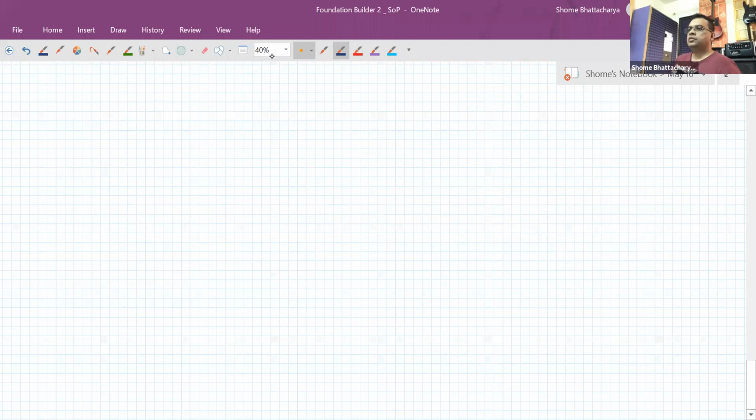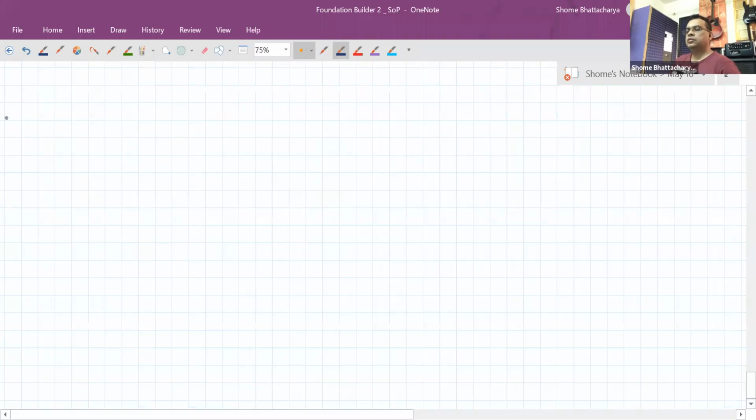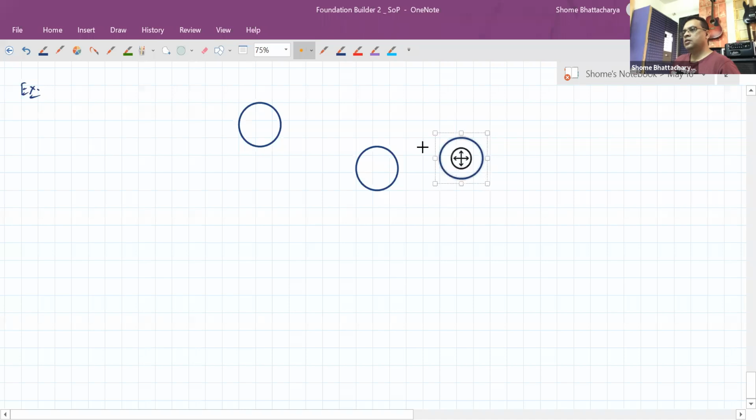Okay, so let's conclude this with an example question. Imagine we have this kind of situation. It's like three identical discs, or three carom coins for that matter, on a carom board table.